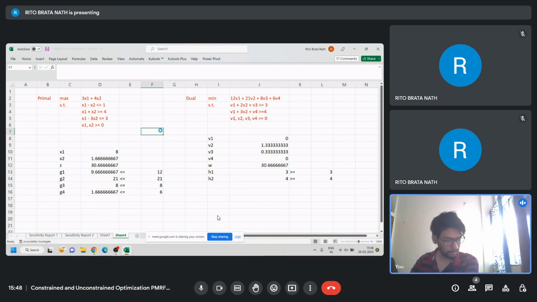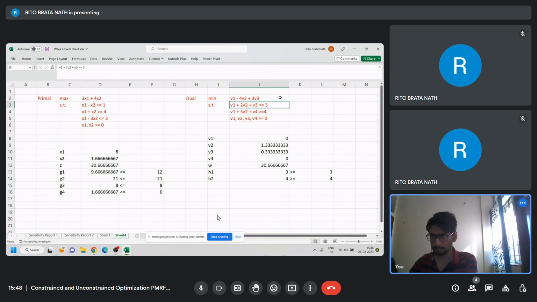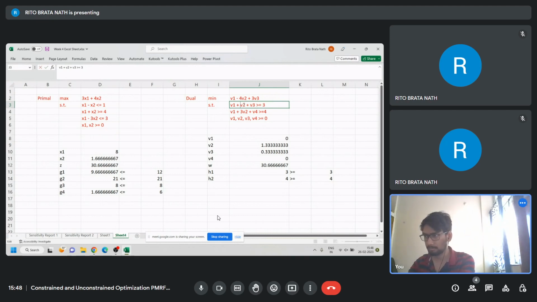Now your dual problem is min of, this whole thing needs to be changed, v1 minus 4v2 plus 3v3. And this will be v1 minus v2 plus v3 greater than or equal to 3. It's fine. Minus v1 minus v2.